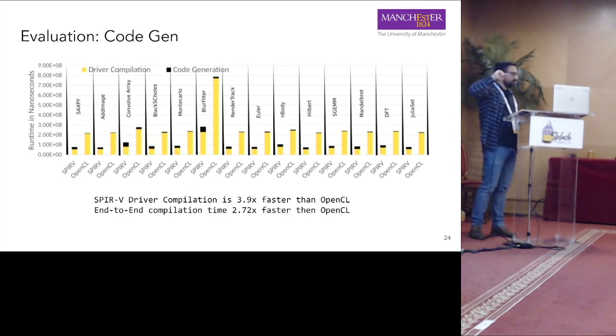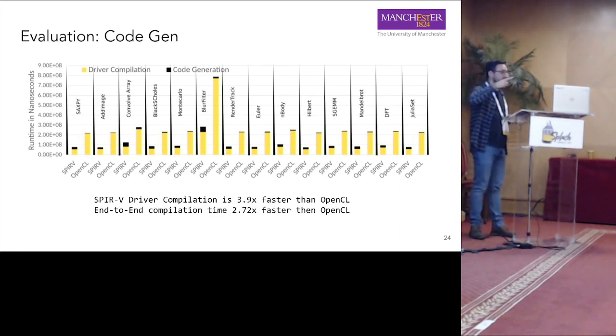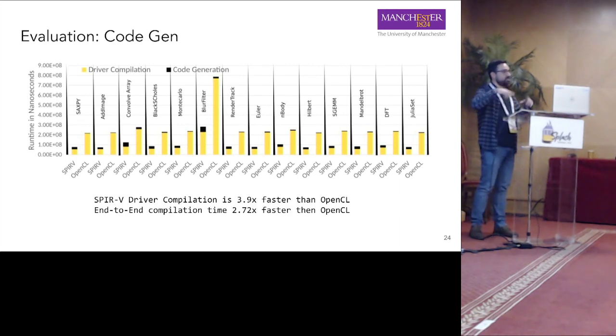This is in nanoseconds. So as we can see, the code gen takes a bit more time with SPIR-V compared to OpenCL. Why is this? Because we have to build a SPIR-V module with all these objects and so on. So it's easier to understand and to reason about, but we have more pressure on the Java itself because we are allocating a lot of objects, etc., etc.